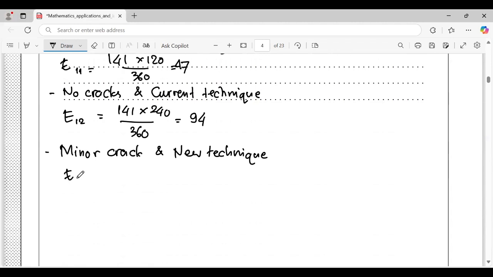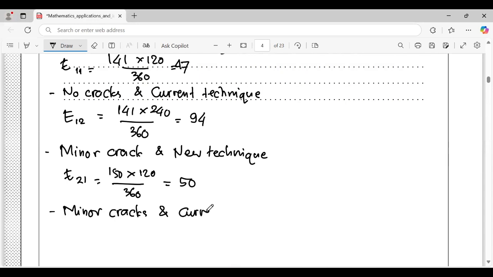So E21 is 150 times 120 divided by 360, equal to 50. And the next is minor cracks and current technique.